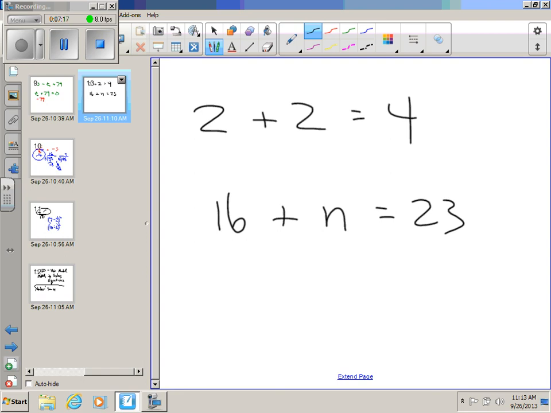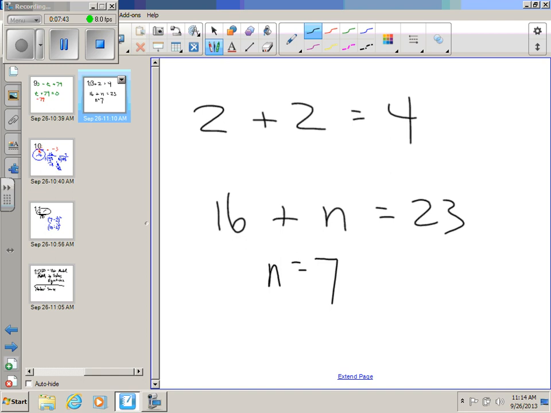I'm going to get 23. Not 17. Just 7. I can say n equals 7. How do I know for sure that 7 works?